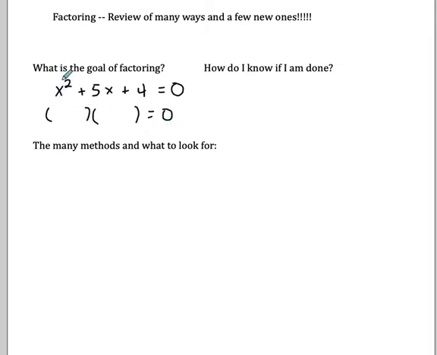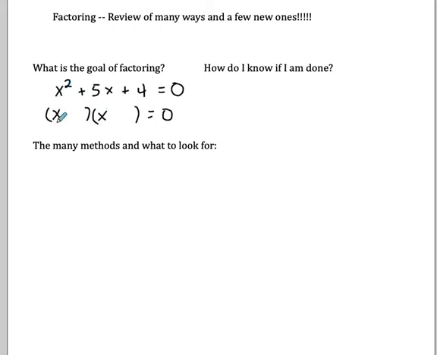So here I'm trying to take this x squared and I'm going to say, well, what was it? If x times x gave me x squared, what gives me the rest of this polynomial? And so remember, I'm finding the two things that multiplied together, right? The product is 4, and they add up to the 5x in the middle.